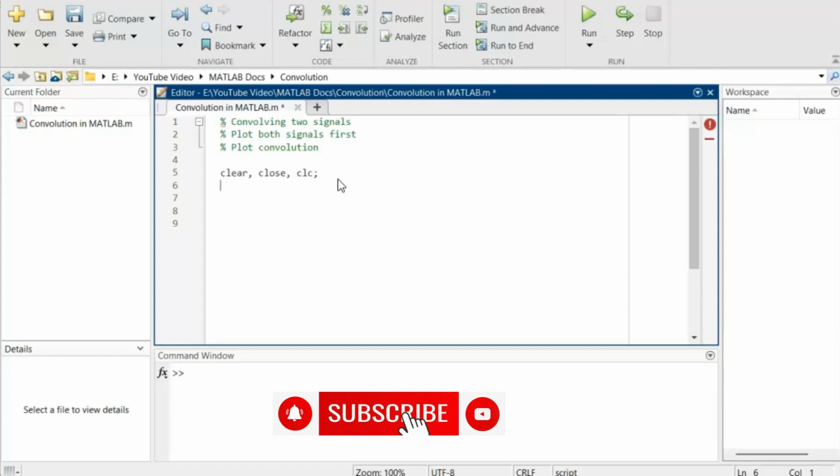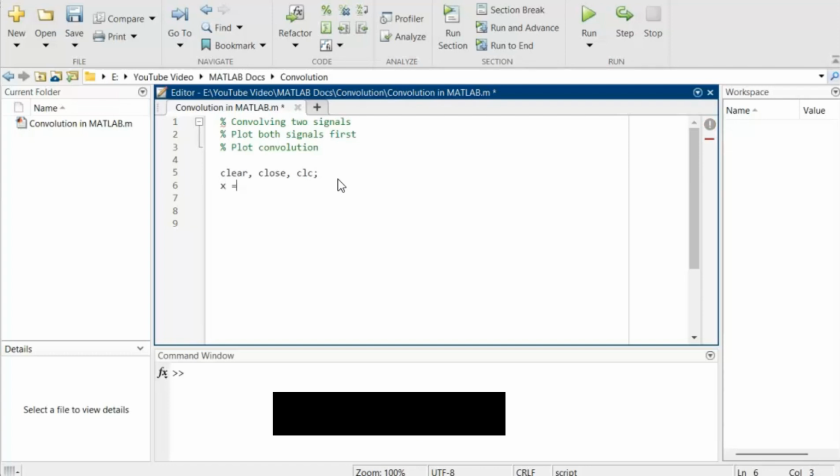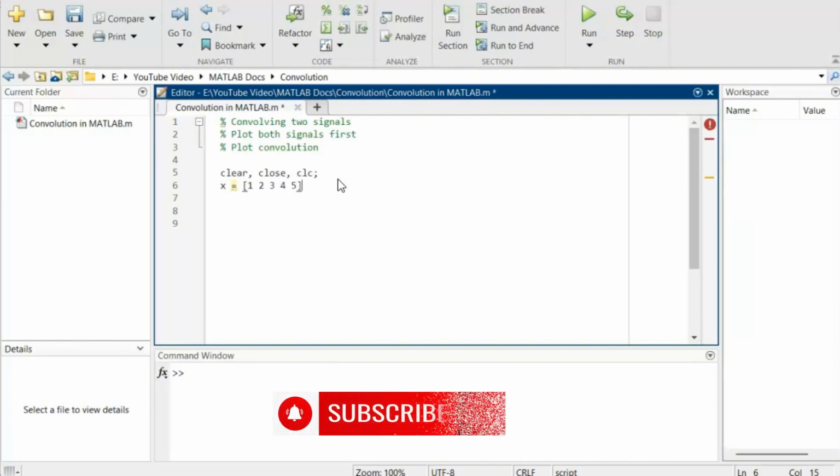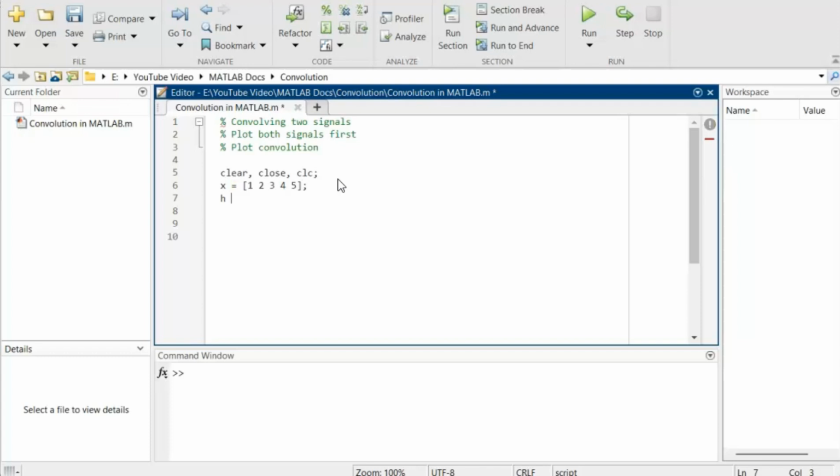Here, let's say x equals 1, 2, 3, 4, 5, and h equals -1, 2, 1, and I use a y variable. conv is the function for convolution, and I use x and h and run it.